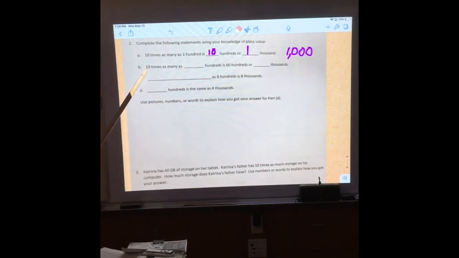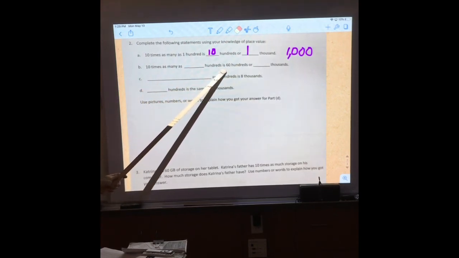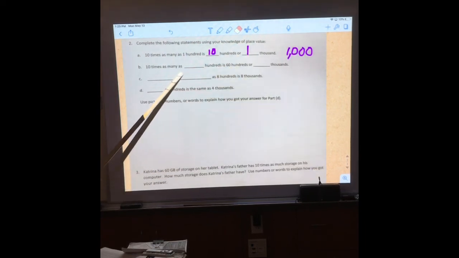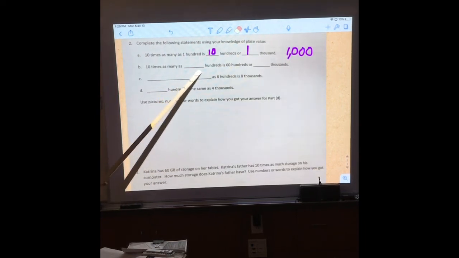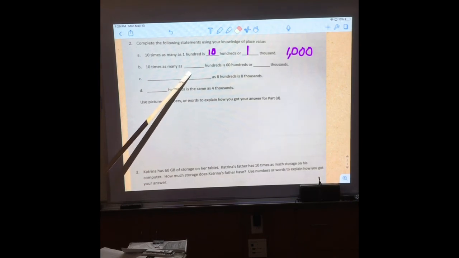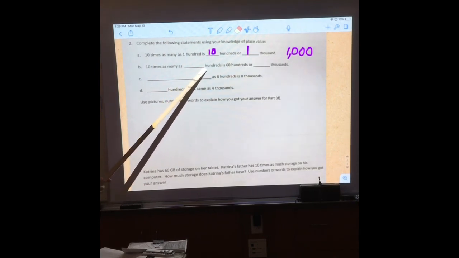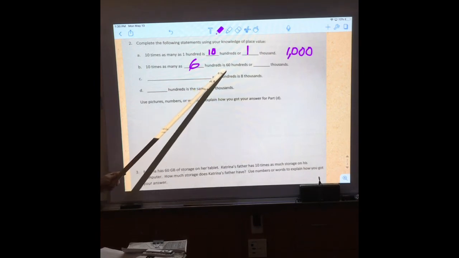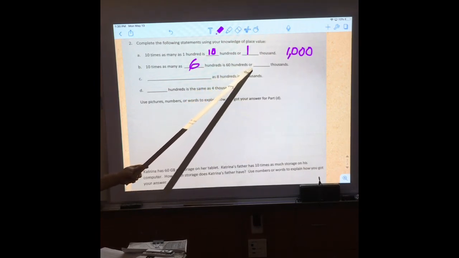All right, sometimes you need to write out your little note like that to help yourself. How about this one? 10 times as many as blank hundreds is 60 hundreds. How many dots do you think we're going to start with in the hundreds place? That's right. You said 6, right? Nice job. So that's going to give us 60 hundreds.